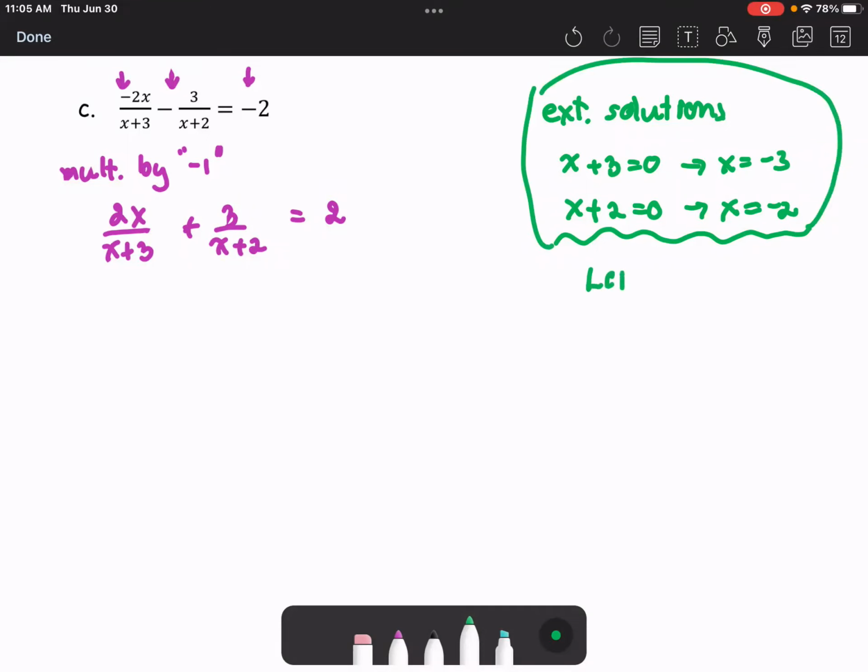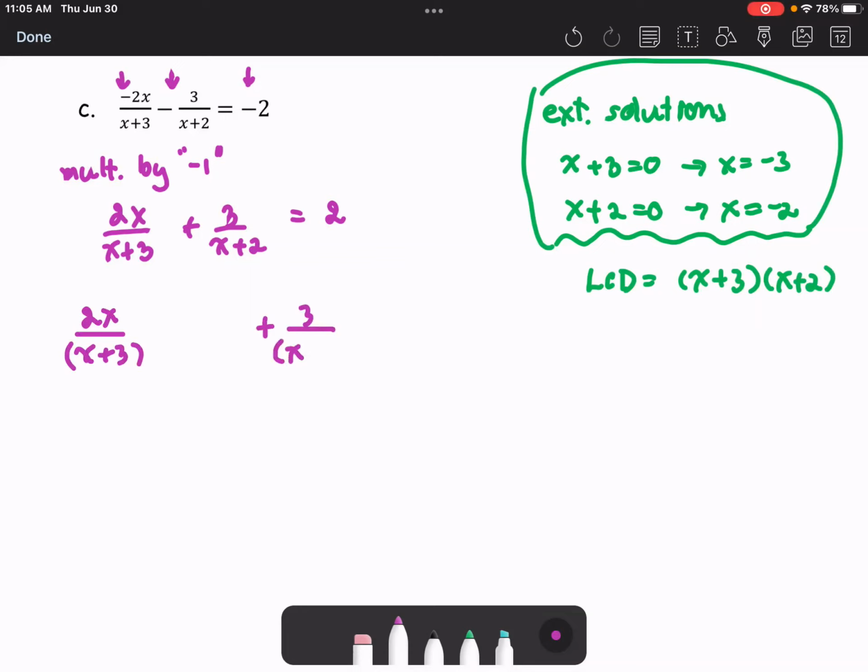Next, the LCD, or the least common denominator, for this problem, gonna be the product of the factors x plus 3 and x plus 2. So next step, we are going to multiply all terms by the least common denominator, the quantity x plus 3 times x plus 2.